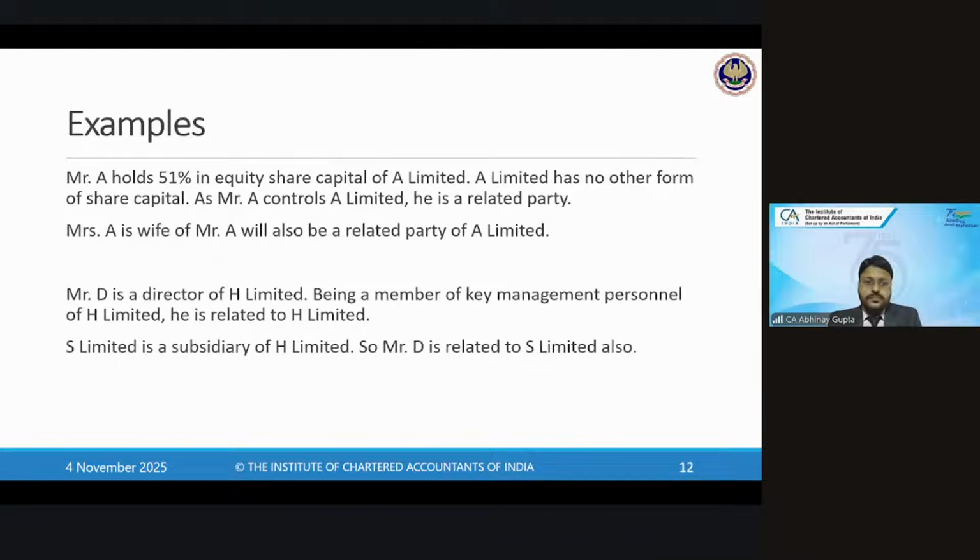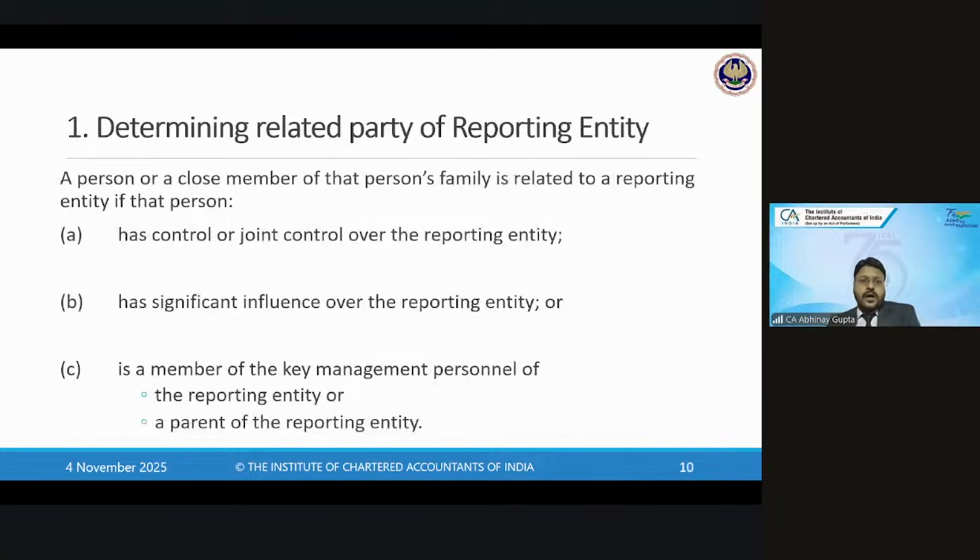A person or a close member of that person's family, right, is related to the reporting entity if that person has control or joint control over the reporting entity, right?